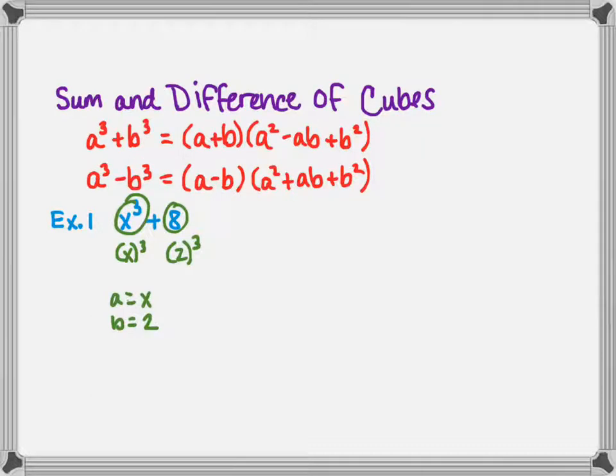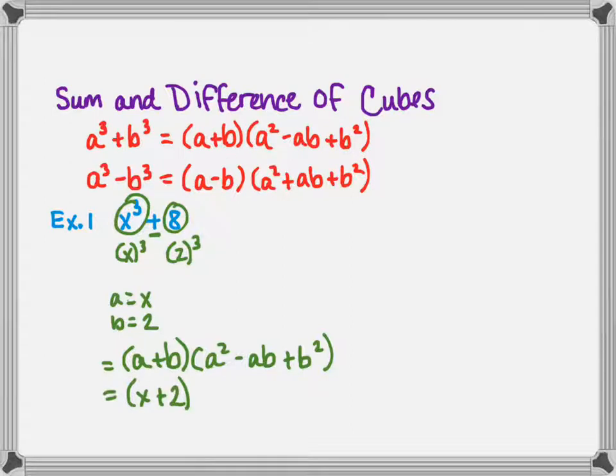So now let's figure out which formula we are using. We have a sum, so we are using that first formula. So it factors to a plus b times a squared minus ab plus b squared. And let's substitute in the x and the 2.